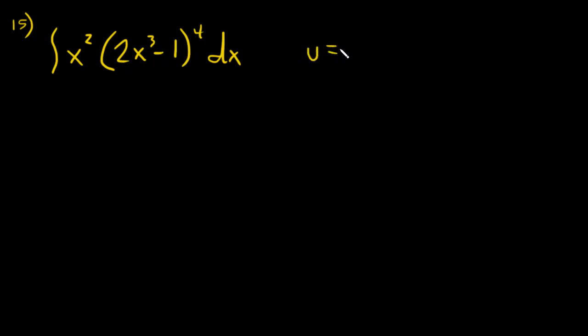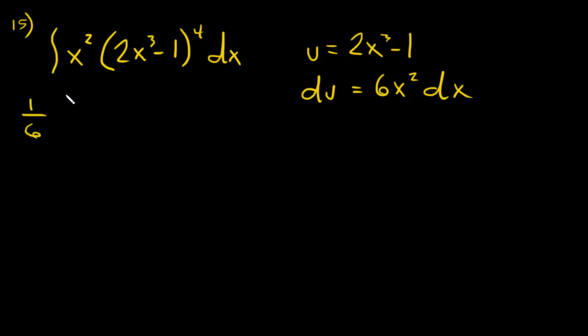So u is 2x cubed minus 1. That means du, looking only at this, is equal to 6x squared dx. I've got an x squared, but I don't have a 6x squared, so I need to put the 6 in, which means I need to take 1/6 on the outside of the integral, just like we did before.